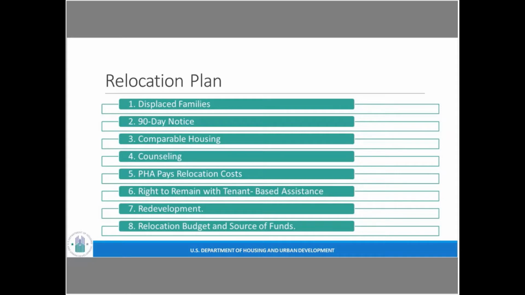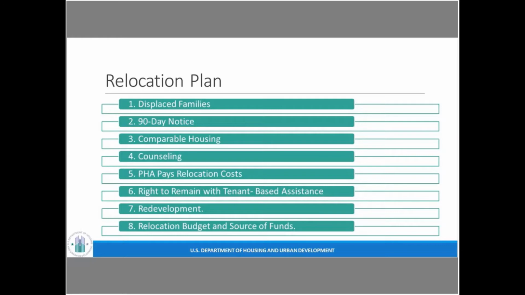Because conversions generally come with an award of tenant protection vouchers, and families are entitled to receive that tenant protection voucher, the comparable housing will almost always be an offer of tenant-based assistance in the form of the tenant protection voucher.